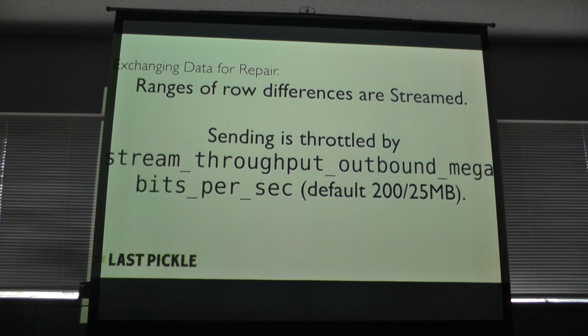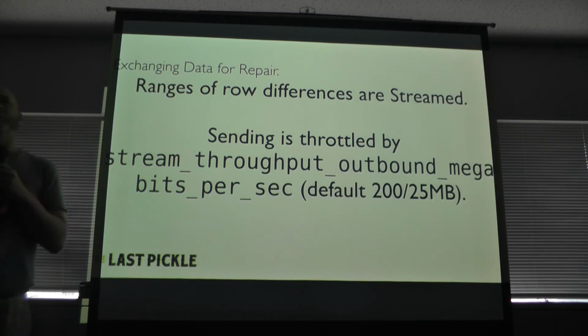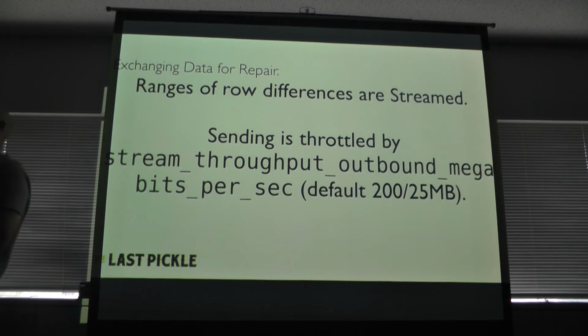Once we detect differences and we have to stream the results, we don't stream individual rows. We copy across ranges of rows because we only detect differences in ranges of rows. So if you have lots of very small rows, you will copy across lots of very small rows even if only one of them was out of sync.